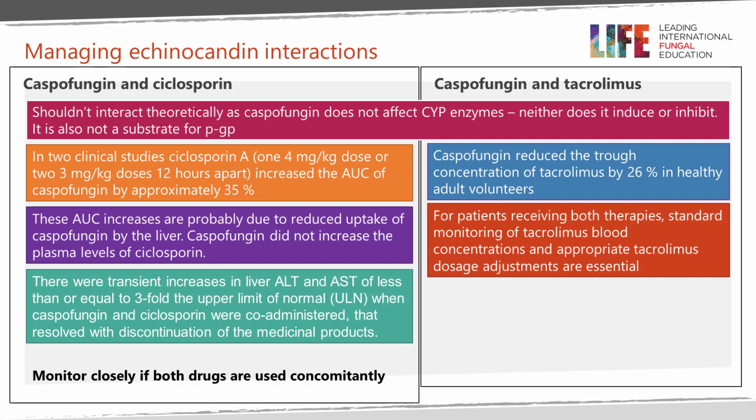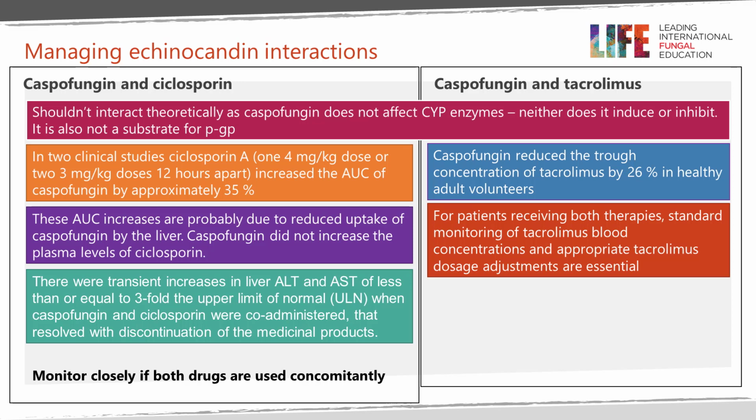Looking a little bit more at managing echinocandin interactions, I'm looking at cyclosporine and tacrolimus. Now, these drugs shouldn't theoretically interact, as caspofungin doesn't affect the cytochrome enzymes, and neither does it induce or inhibit.